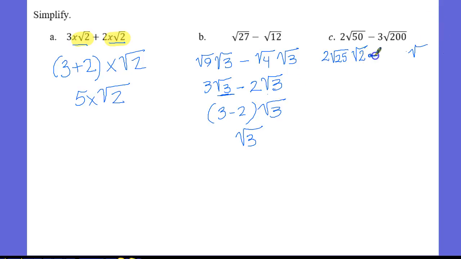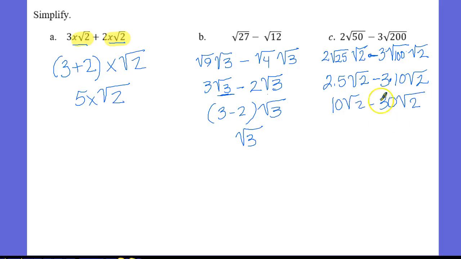So we're going to have minus 3 times, well, what times 2? Biggest perfect square in 200 is 100 times the square root of 2. So that non-perfect square is now matching, and we're going to go ahead and just figure this out. So this becomes 2 times 5 square root of 2, minus 3 times 10 square root of 2, or 10 square root of 2 minus 30 square root of 2.